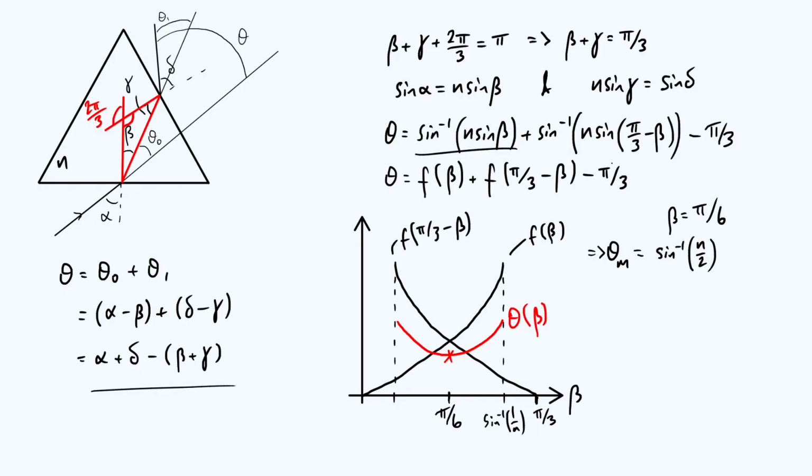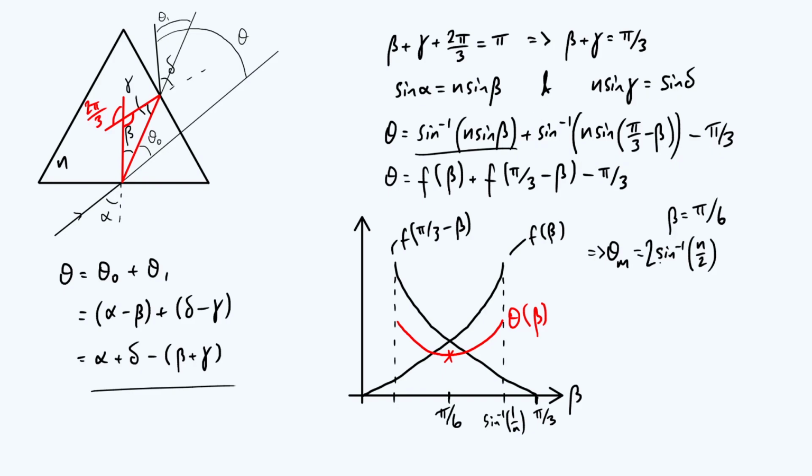Now, what about f of pi over 3 minus beta? In other words, that contribution there. Well, by symmetry, you can spot that it's the same. Or you can actually just plug in beta. Pi over 3 minus beta, pi over 3 minus pi over 6 is still pi over 6. And so that second inverse sine term has the same value as the first one when beta is pi over 6.